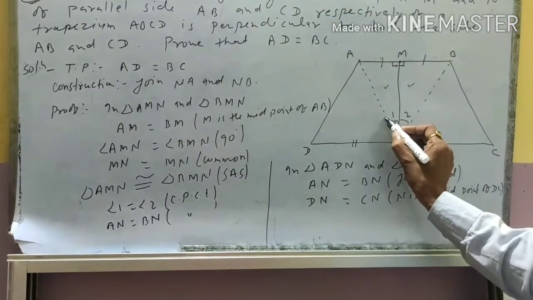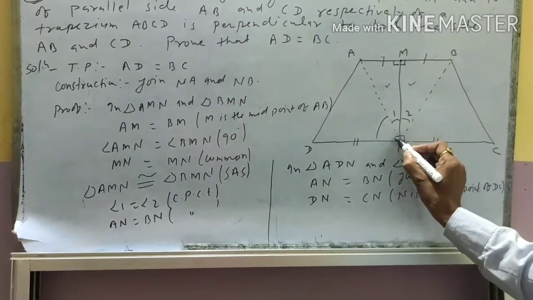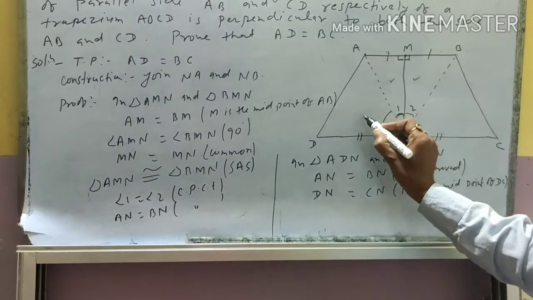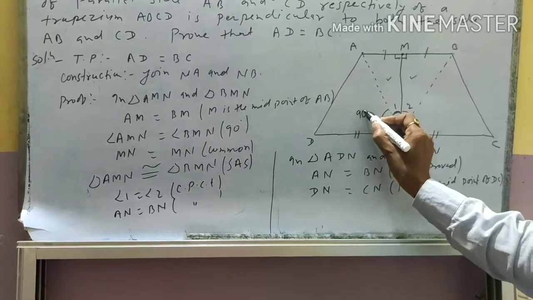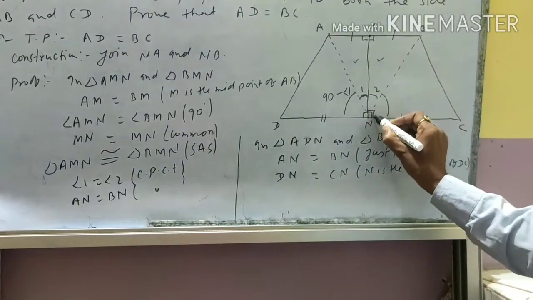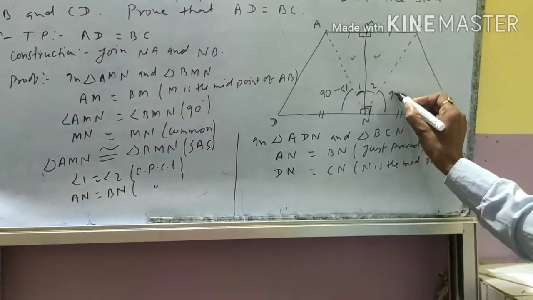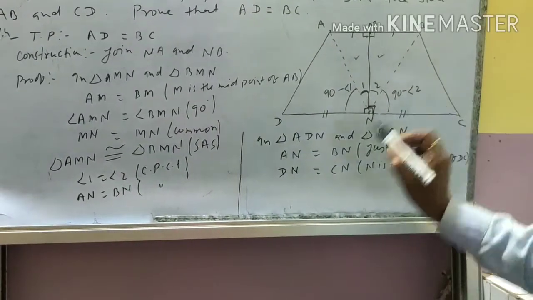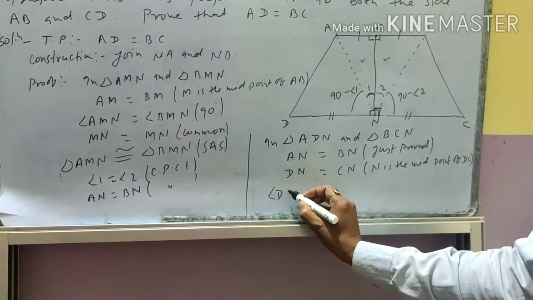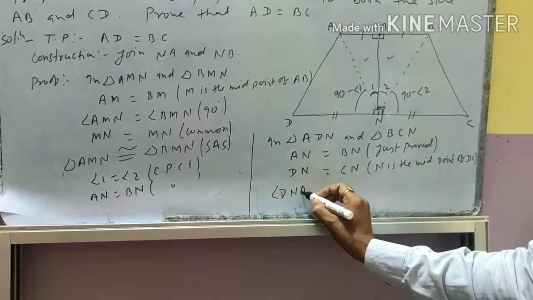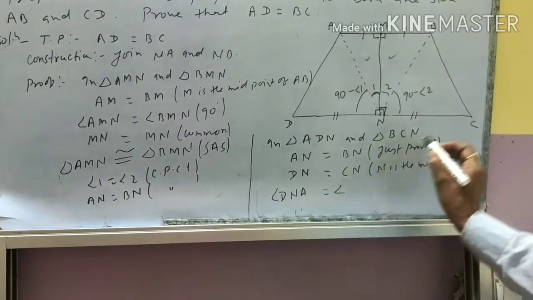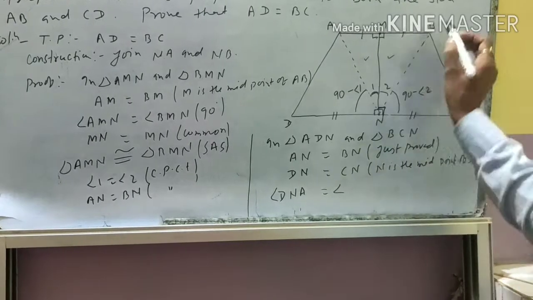And student, suppose the whole angle is 90 degrees and this one is angle 1. So this angle can be written as 90 minus angle 1, or this angle can be written as 90 minus angle 2. So here write down angle DNA is equal to angle CNA.